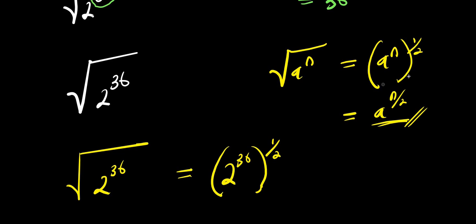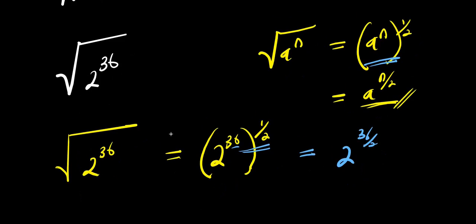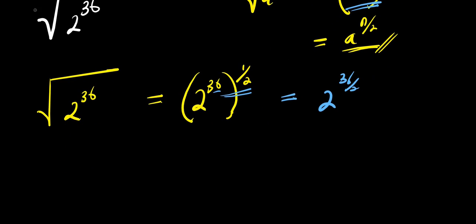So we go back to this identity. We multiply this exponent out. And this will give us 2 to the power of 36 times 1, that is 36 divided by 2. And from here, we are simply going to have 2 to the power of 18.